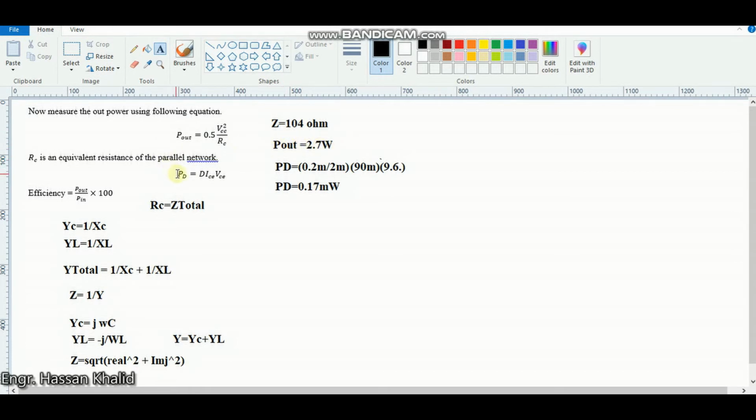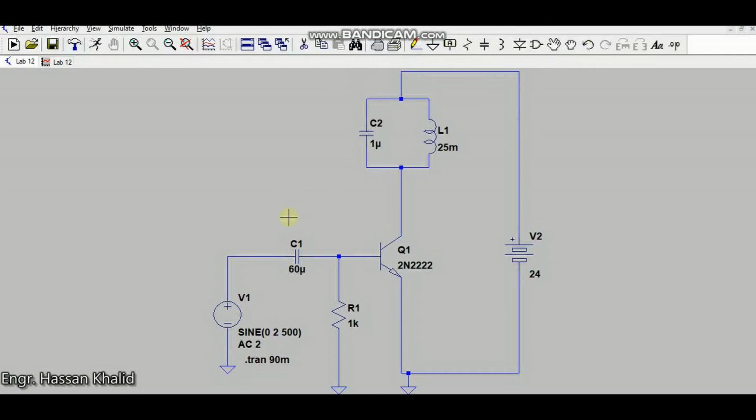So now let's calculate the power dissipated. When I simulate the whole circuit to find the power dissipation, I need to find the turn on and turn off values. This is my input signal and this one is my current.